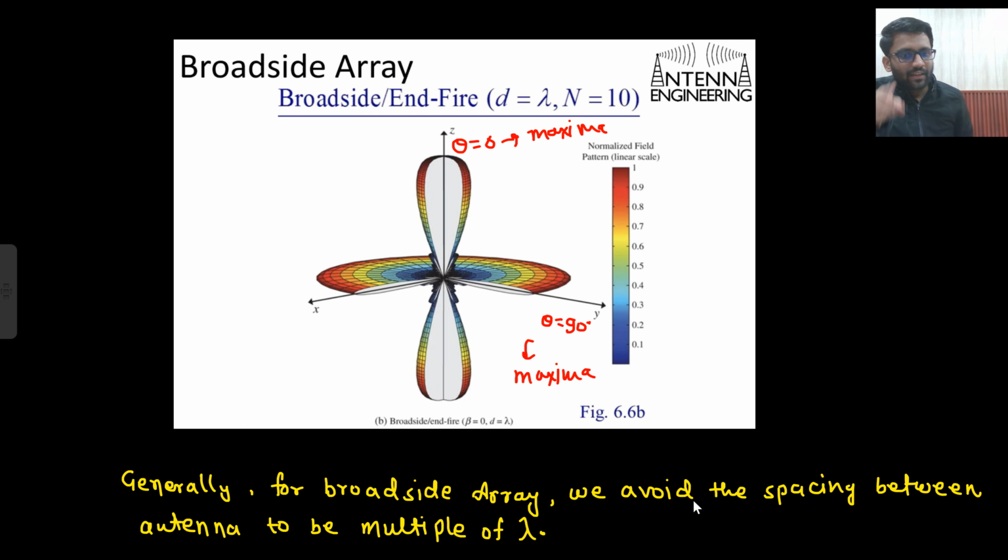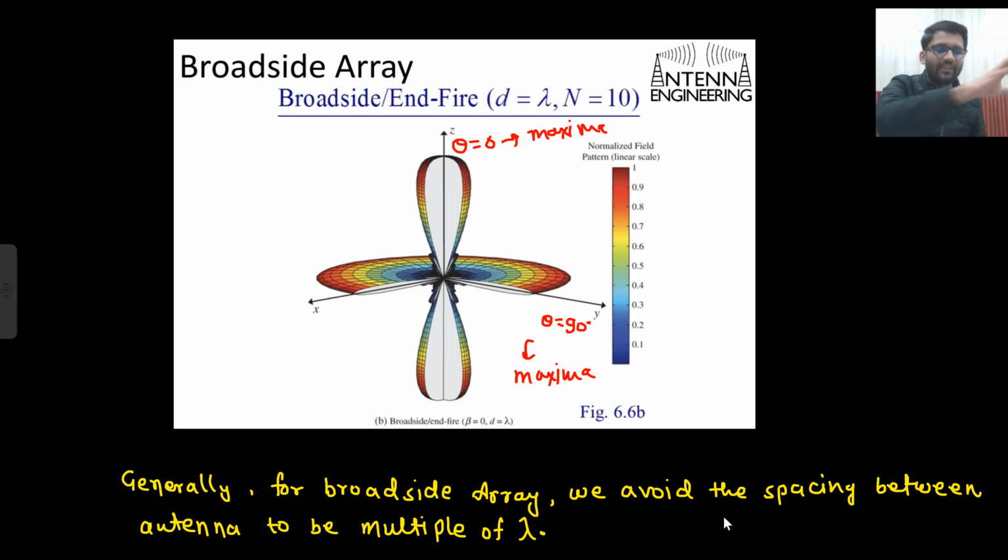Generally for broadside array, we avoid the spacing between antennas being a multiple of lambda. Because if we are designing a broadside array, then our requirement is that we get the maximum power along 90 degree, not along 0 degree. We are not able to fulfill the requirement, since we are getting the maximum radiation along 0 degree as well. So we usually avoid taking the spacing between the antennas to be a multiple of lambda.